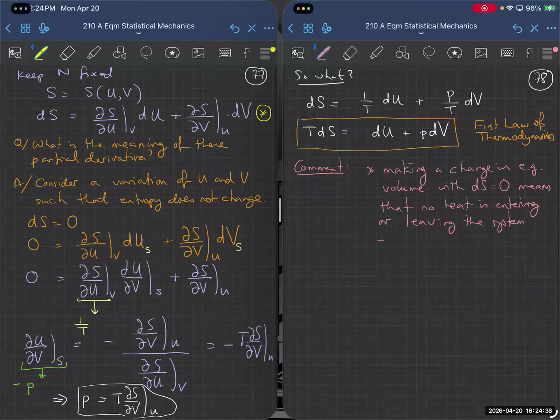And that is known as an adiabatic change or transformation.